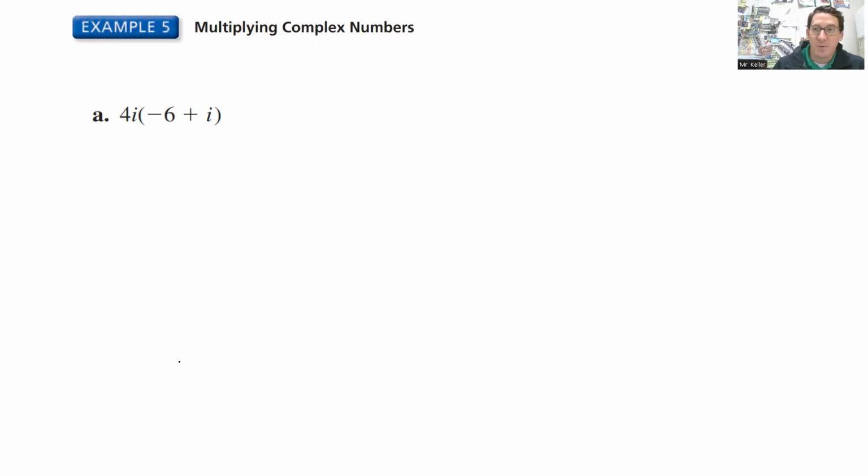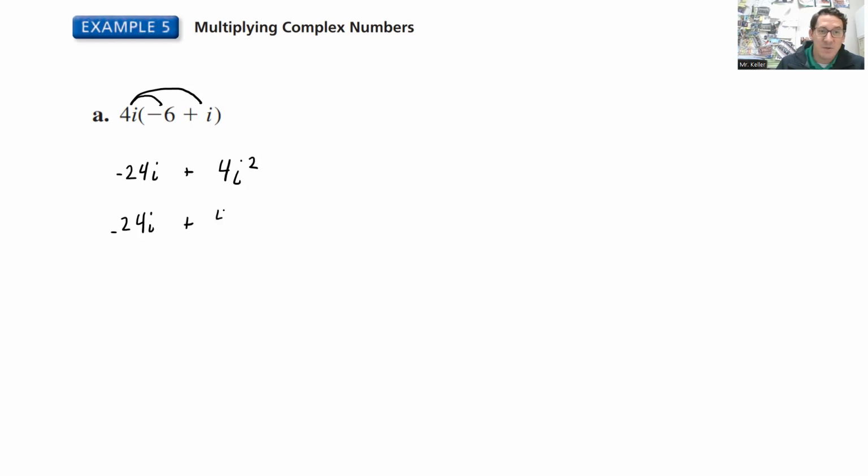So here we're going to multiply out. It's just like multiplying anything else. We're going to multiply by distributing. So 4i times -6: 4 times -6 is -24. Don't forget the i. And then 4i times i, so that's plus 4 i squared. You might be able to do this next part in your head and skip right to it, and that's fine. But as I work through it, -24i doesn't change.